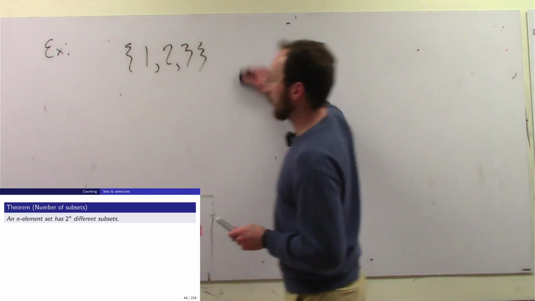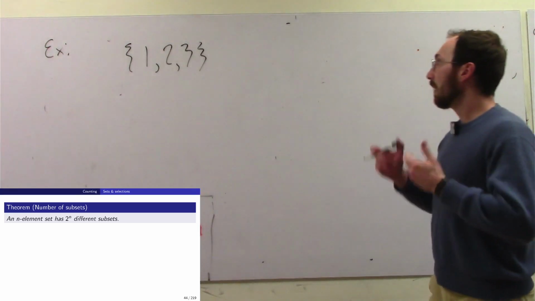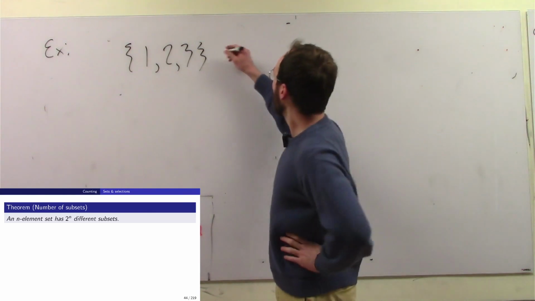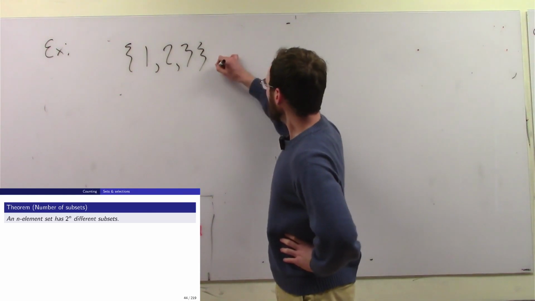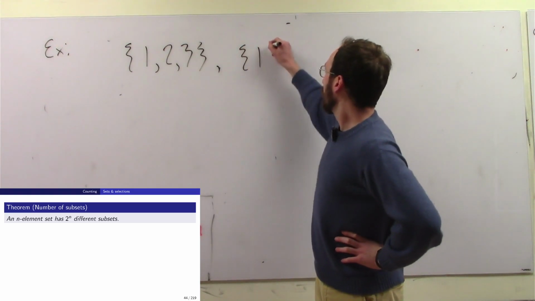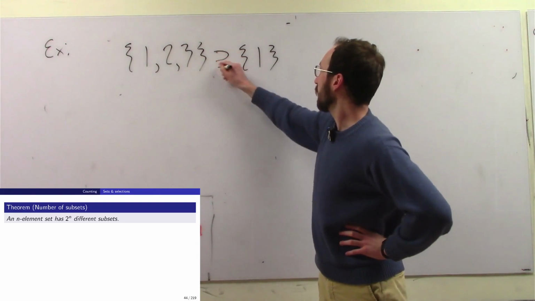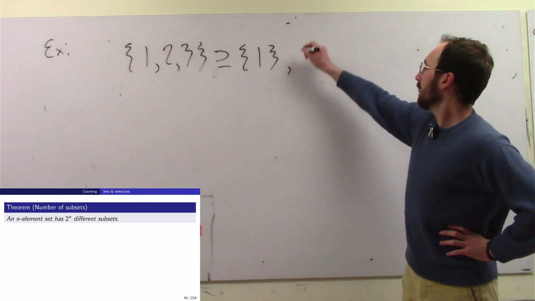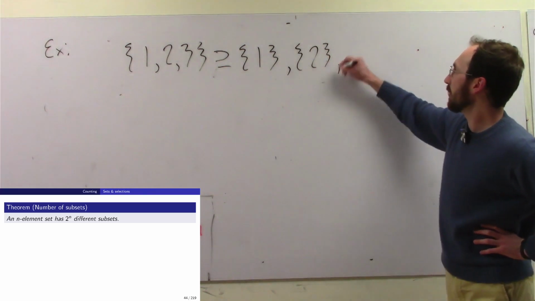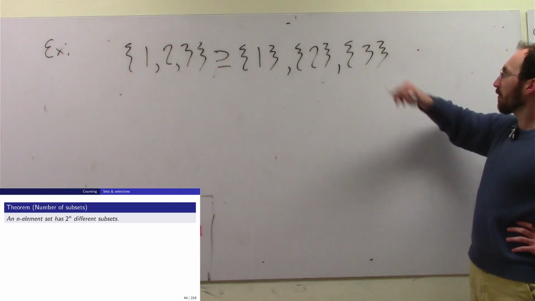How could we build up some subsets of 1, 2, and 3? Honestly, let's just write out what those are. So the subsets of this fella right here, we got 1 by itself. We have 1. We have 2. Not doing this in any particular order. There's also the set containing 3.